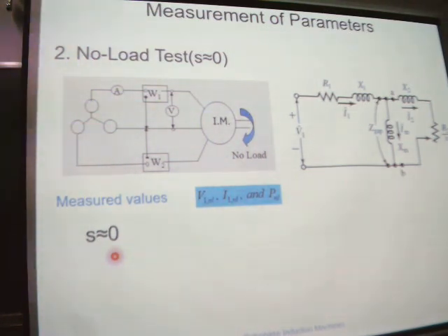And then remember that we have the resistance R2 over S here. If S equals 0, then R2 over S is infinite. So we can think the resistance here is very large, so between A and B this circuit is open.